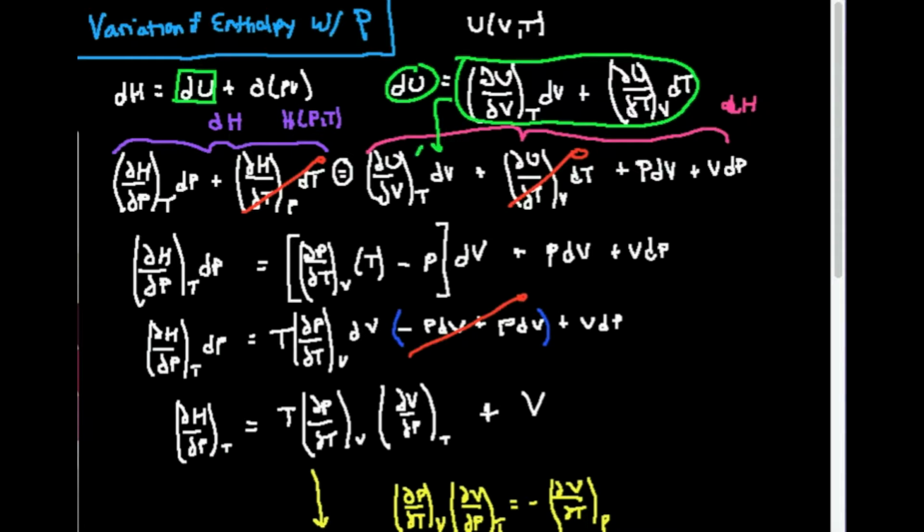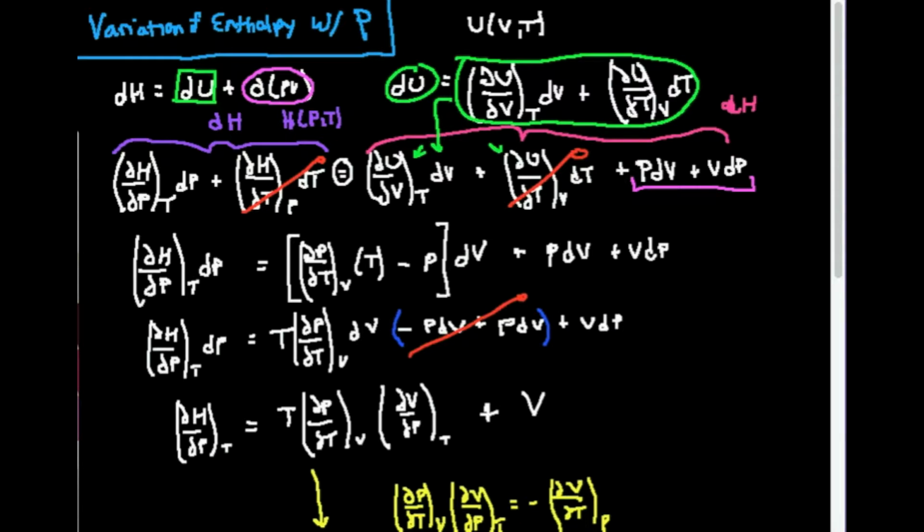So the dU part is going to be the partial of U with respect to V at constant T dV plus the partial of U with respect to T at constant V dT. But recall I also have this plus d(PV). The way I do this is sort of product rule for differentials. It's going to be plus P dV plus V dP. Okay? And that's this part right there.